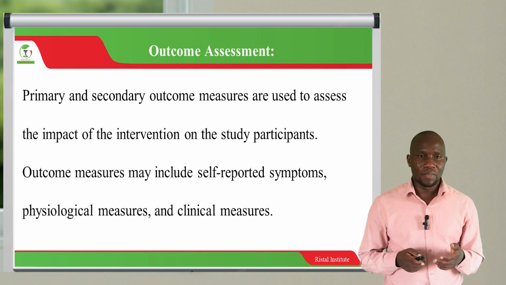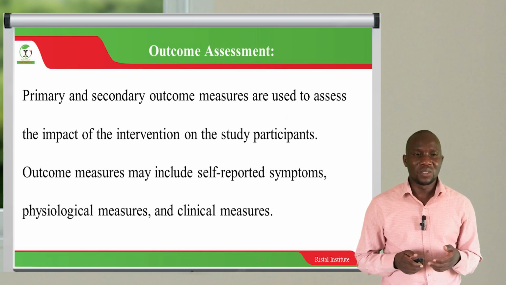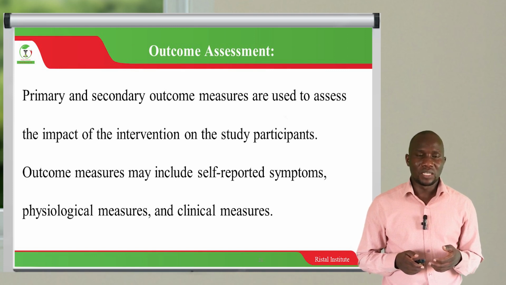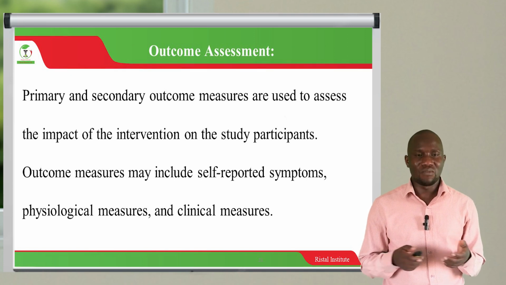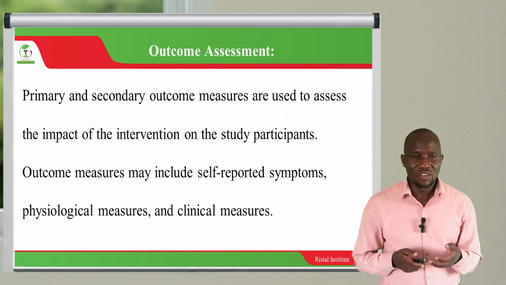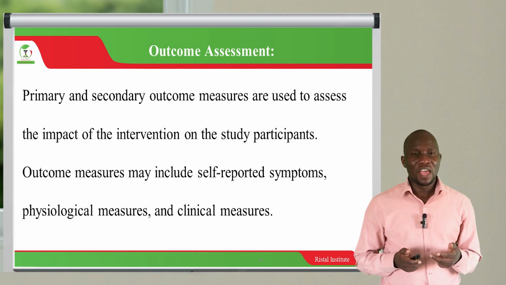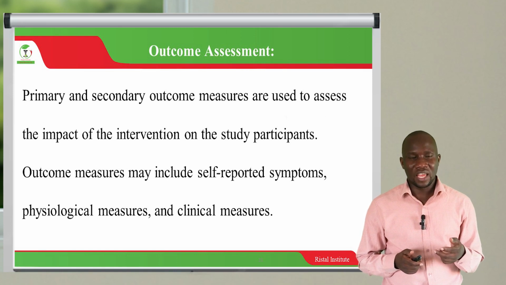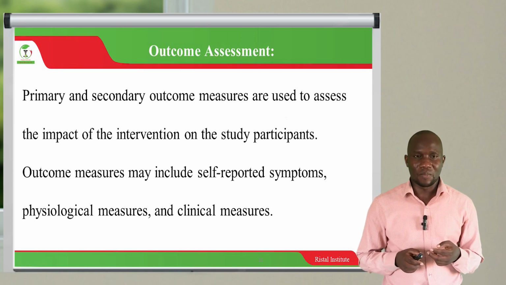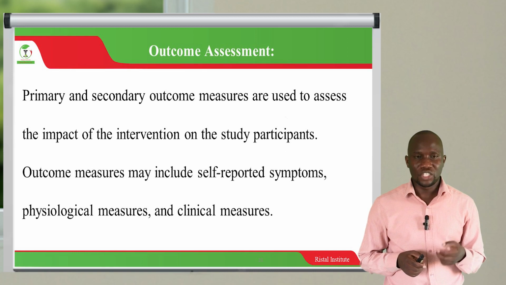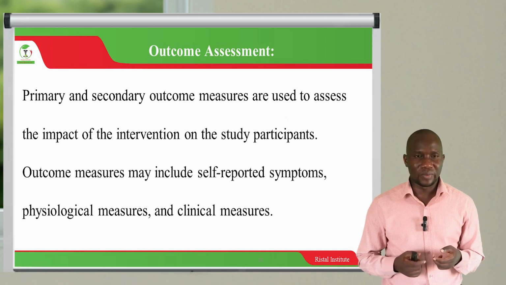The outcome assessment is a concept where, at the end, during, or at the start of the intervention, there's something that you are testing. Say you have drug A and drug B, and you want to see how drug A influences blood pressure and how drug B influences blood pressure.